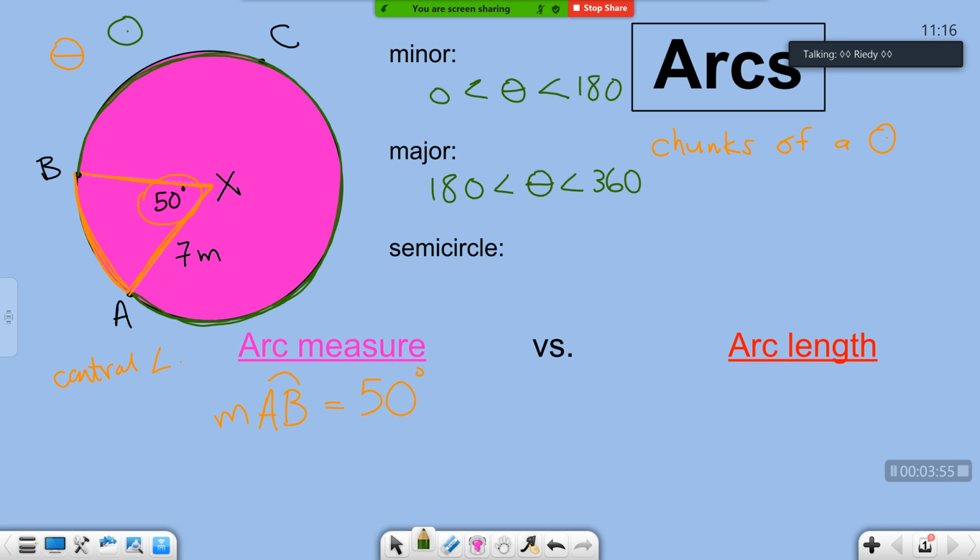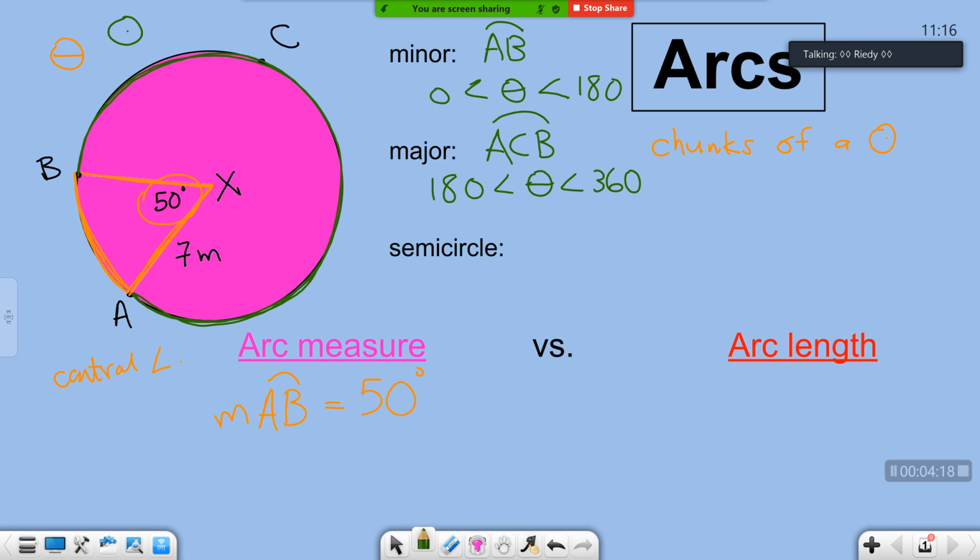So how do we distinguish between the two? Well, one of them is a minor arc, one of them is a major arc. The difference is that major arcs, you need 3 points to name that major arc. So for instance, we would use arc ACB and put an arc measure over it. Minor arcs, 2 letters.